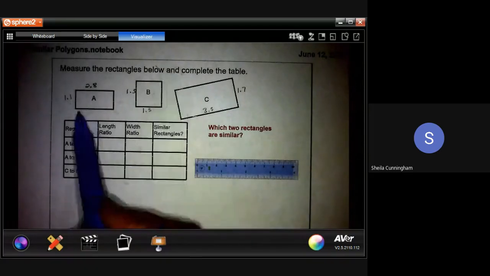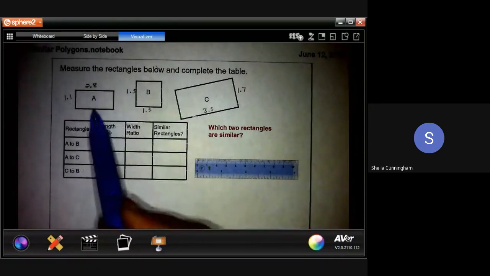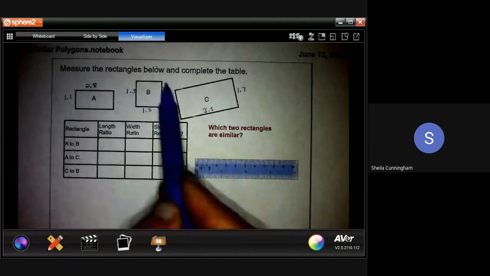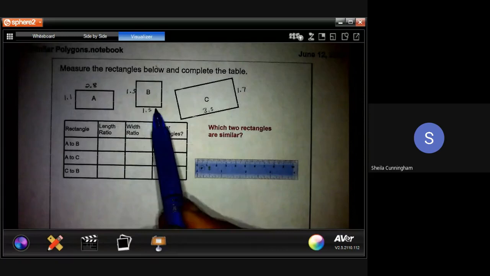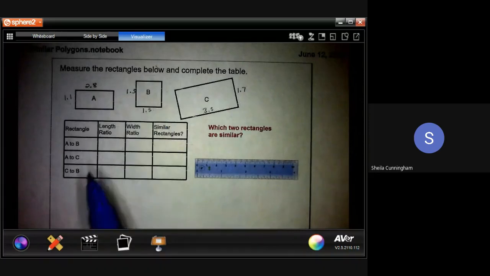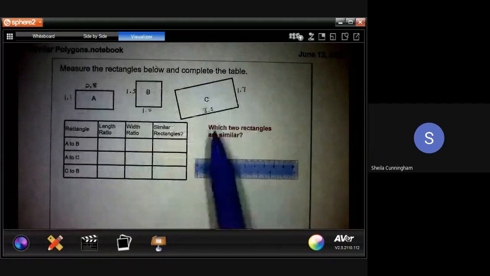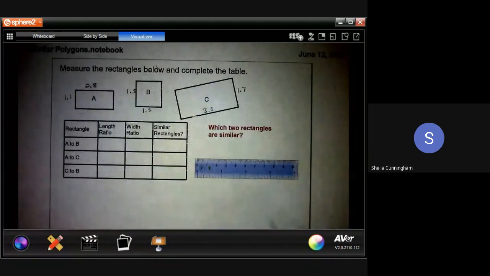And right now when I look at this, well, A is a rectangle, C is a rectangle. They're both rectangles. B, to me, looking at this, looks like a square. So if I'm looking just visually at them, I see a rectangle and a rectangle, okay, those are two similar shapes. They look the same.